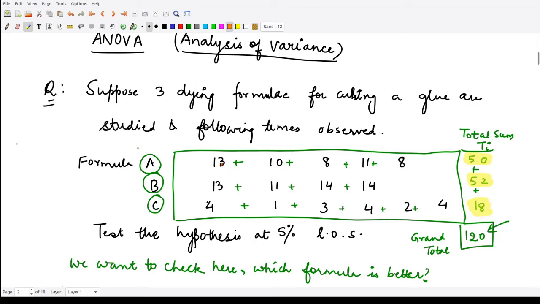And how many observations are available here? For formula A, we have 1, 2, 3, 4 and 5, so the value of Na would be 5. The value of Nb would be 1, 2, 3 and 4, so Nb is 4, and Nc is 1, 2, 3, 4, 5 and 6, so we have a total of 6 values here.